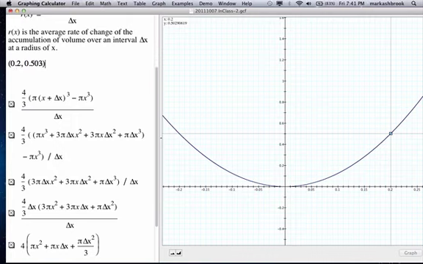So this rate of change is saying that the volume will change half a cubic inch per change of 1 inch of radius when the radius is 0.2. So that's an interpretation of this point on the graph. When the radius is 0.2, the volume is changing 0.5 inches cubed per inch of radius change.